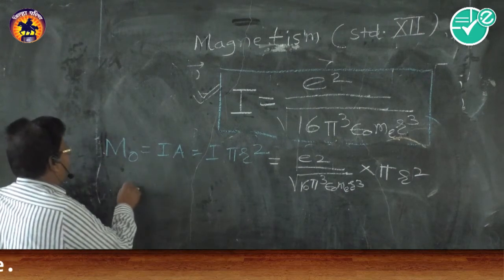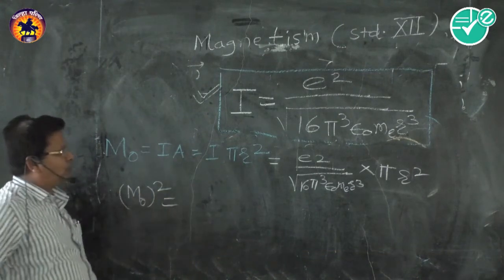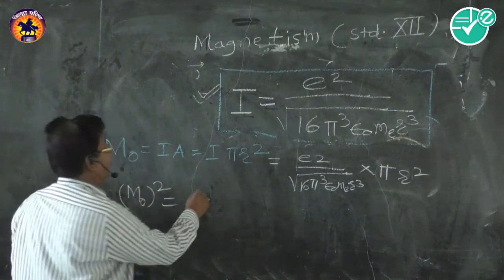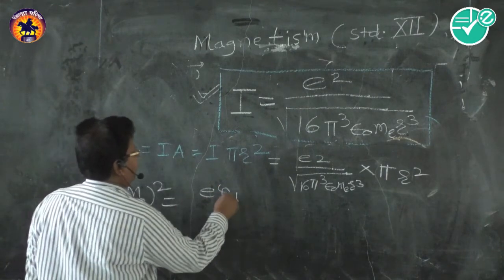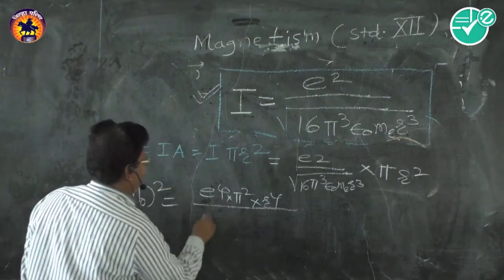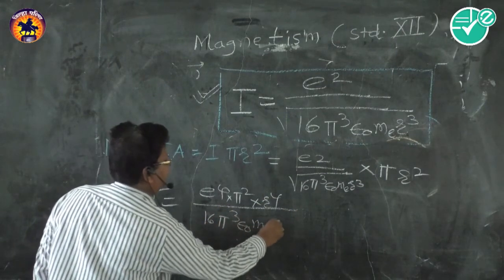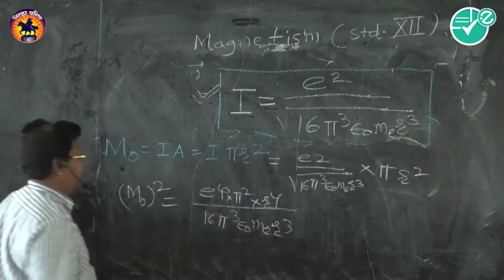Therefore, if we square on both sides, M O square is equal to e to the power 4 into pi square r raised to 4 divided by 16 pi cube epsilon 0 m e r cube.